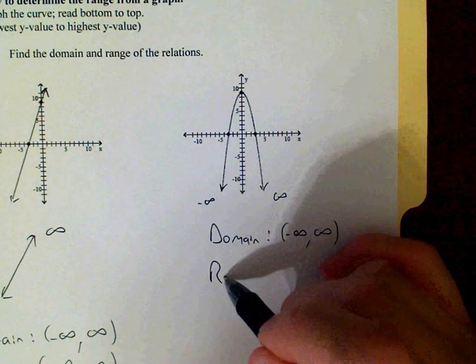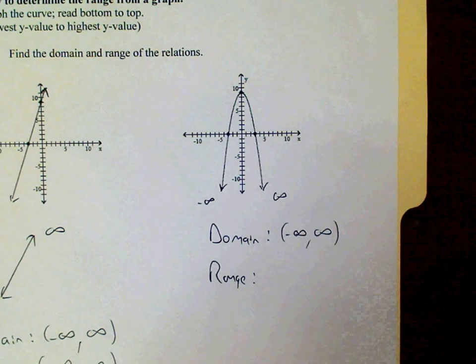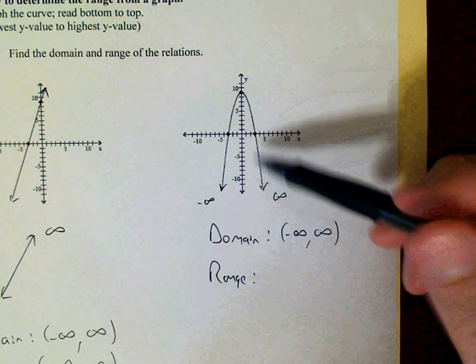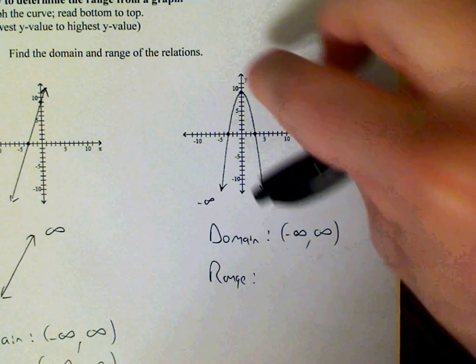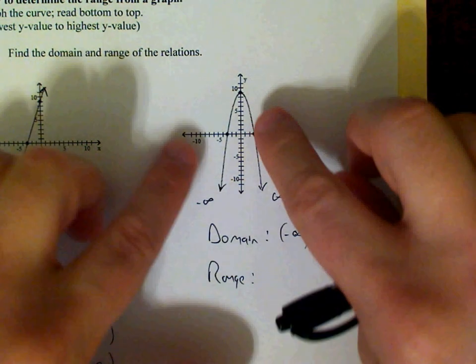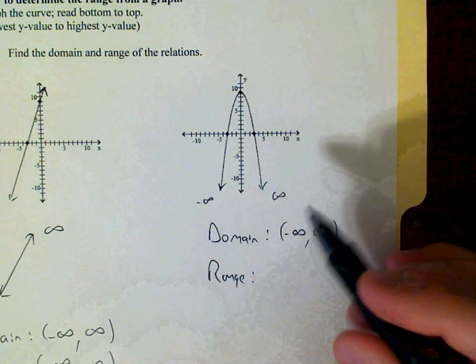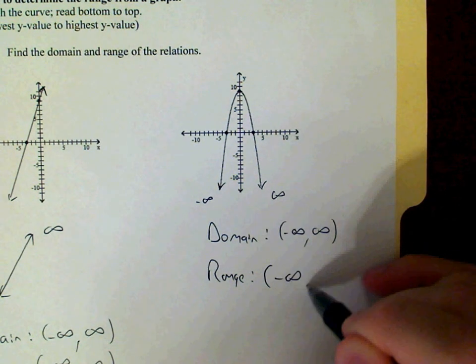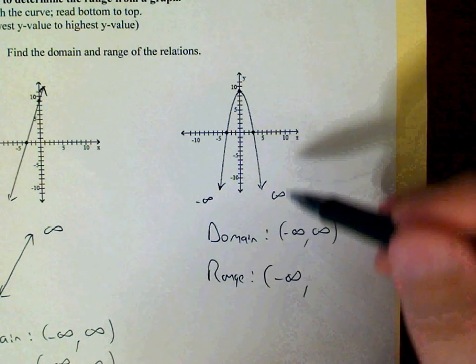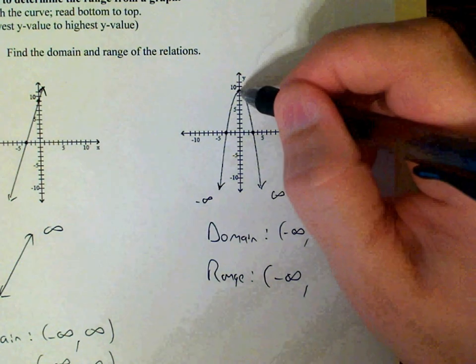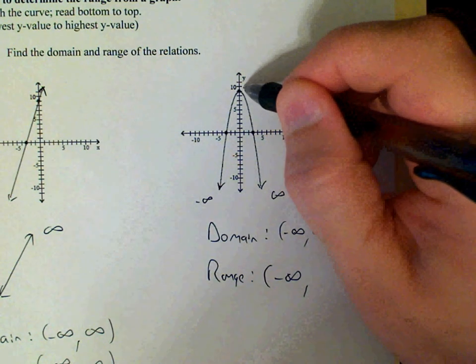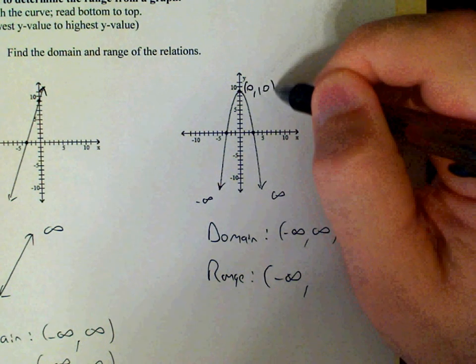Now let's look at the range. Now for the range, I look at the graph as a whole. So when I see this whole graph, it's going down forever and ever and ever to negative infinity. That's downward. How far up is it going? Well, this is the highest point that it has. So let's label that point. 0, 10 is what that point is.